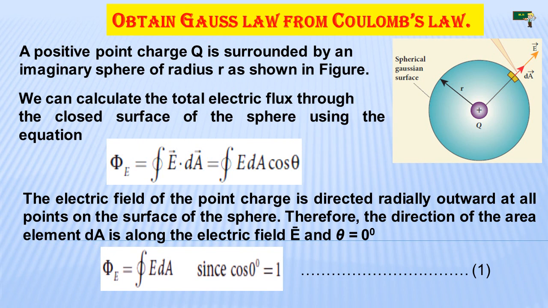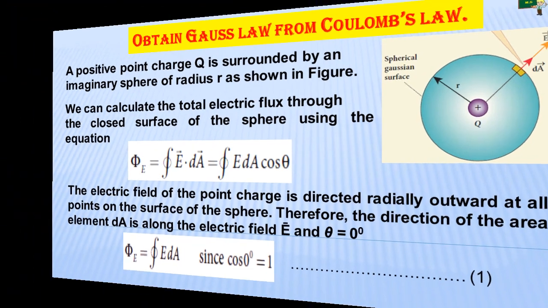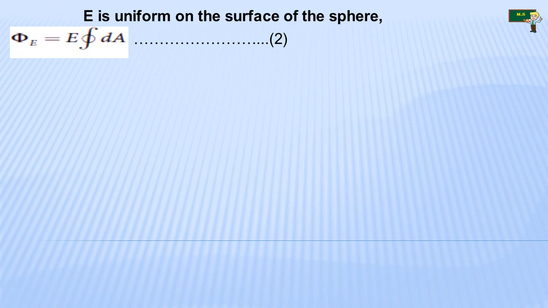Therefore, phi E is equal to the closed integral of E dot dA, which has the cos value of 0 degrees, therefore it is 1. This is equation number 1. Now, E is uniform on the surface of the sphere.